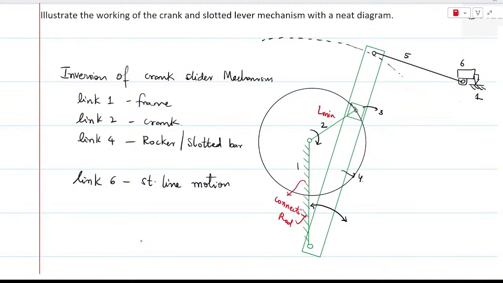In the crank slotted lever mechanism, the locus of the input link, that is link 2, is a circle, and the locus of the output link, that is link number 4, is an arc of the circle. So this is analogous to a crank rocker mechanism, whereas in Whitworth mechanism you are finding two circles for link 2 and link 4. So Whitworth is a crank mechanism.